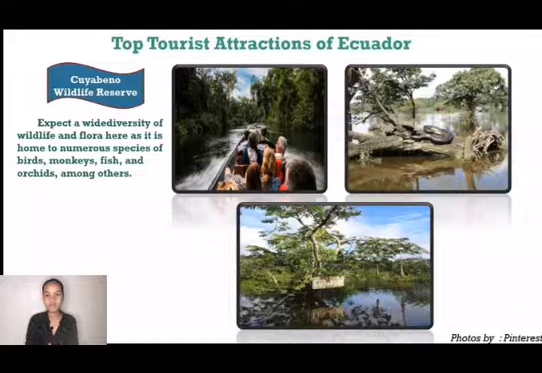Included within the confines of the reserve are 8 ecosystems, including watersheds and rainforests. Expect to see a diversity of wildlife and flora here, as it is home to numerous species of birds, monkeys, fish, and orchids, among others. You may even catch a glimpse of tapirs, anacondas, or alligators.